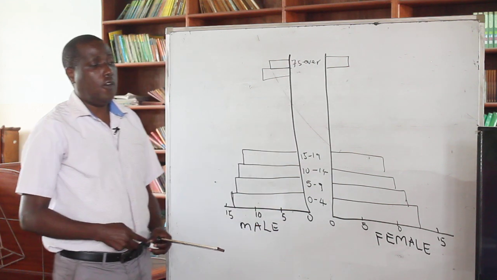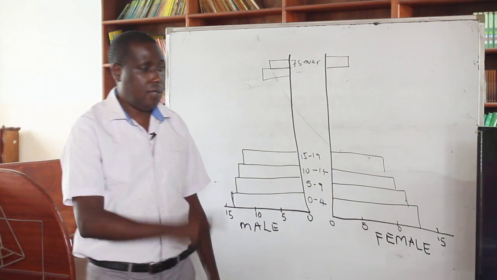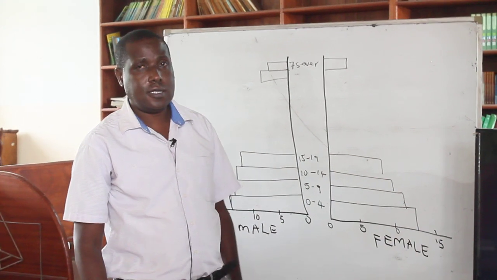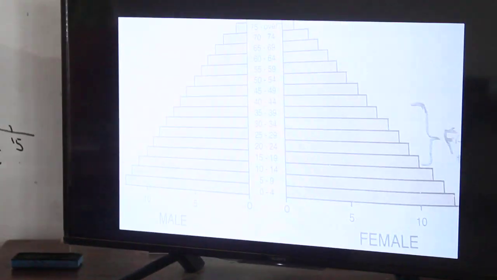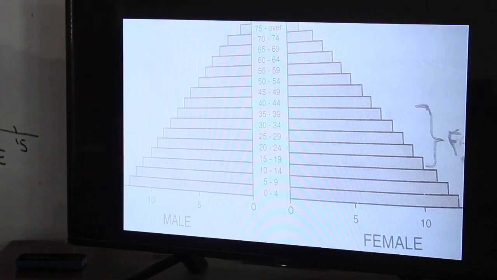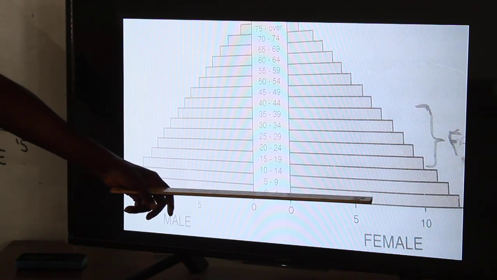That is where they are. So from the pyramid, you can clearly see that our population for this country is evenly distributed between the males and the females. So according to sex or gender, it is evenly distributed. Alright, we have an equal number of males as the females.